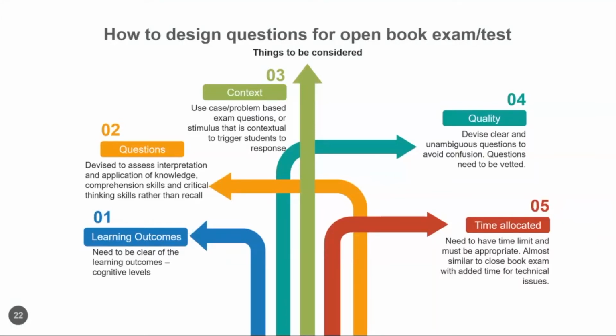You need to be clear what the levels of taxonomy are, so that you can devise and assess those questions in tandem with the level that your course is supposed to be geared at. So the questions are basically to assess interpretation and application of knowledge, comprehension skills, critical thinking skills, rather than recall, if you want to do open book tests.